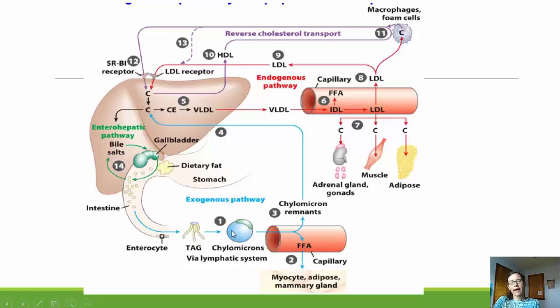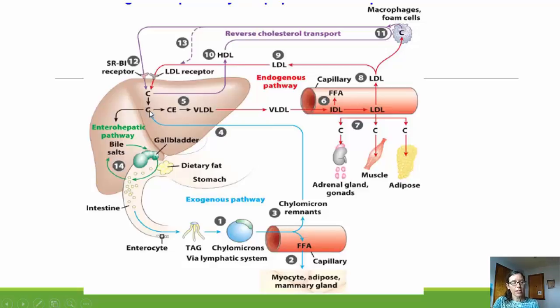And we know that the chylomicrons deliver fatty acids to the periphery, and what's left is a chylomicron remnant, okay? And these are cholesterol rich. So these chylomicron remnants then go back through a receptor back to the liver, and we have our cholesterol in our liver.